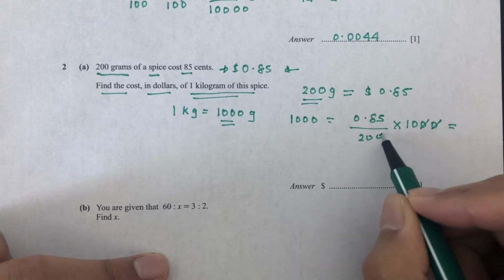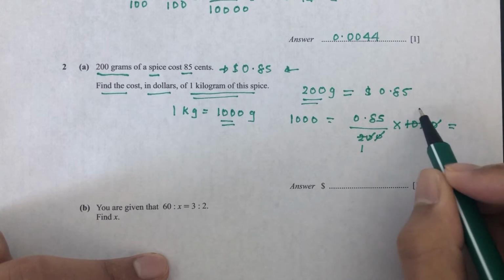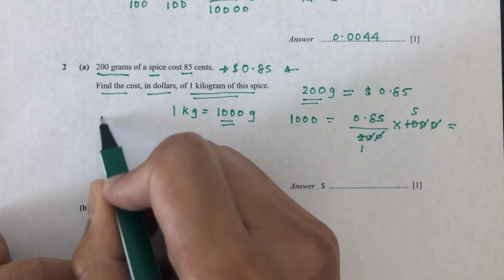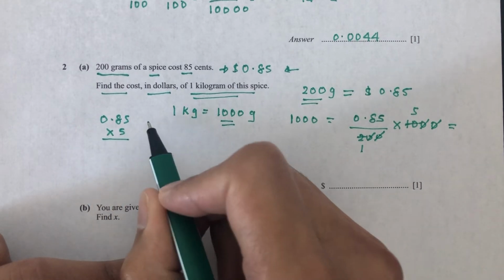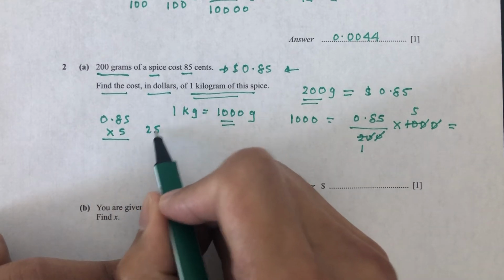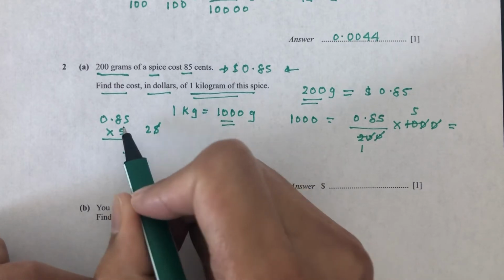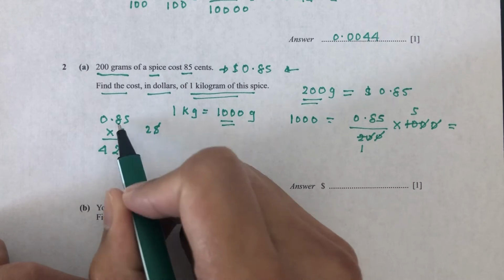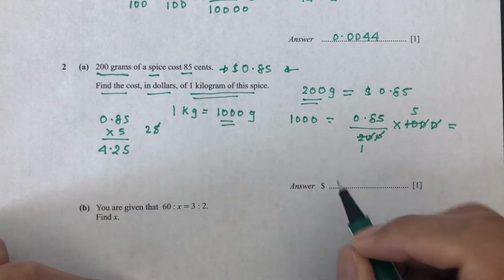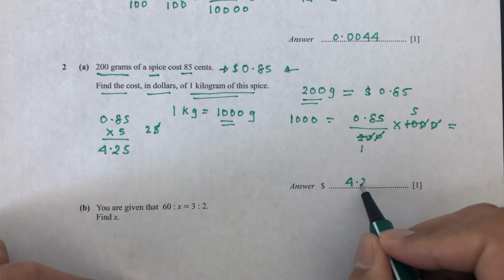That simplifies to 0.85 times 5. So 5 times 5 is 25. Then 8 times 5 is 40, plus 2 is 42. And with 2 decimal places, the cost will be $4.25.